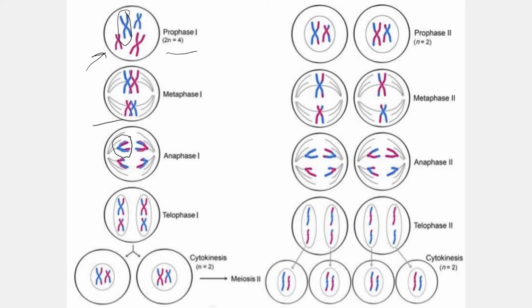The tetrads are separated, the homologous chromosomes are separated, and we end up with haploid cells. In prophase 2, we now line up our sister chromatids, not our homologous chromatids. We separate them and pull the separated chromatids to opposite sides of the cell.